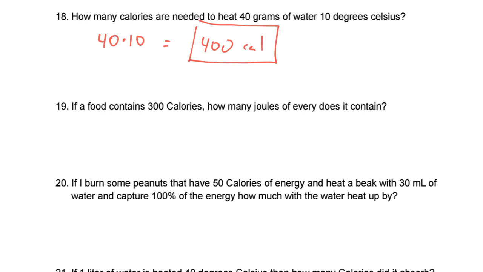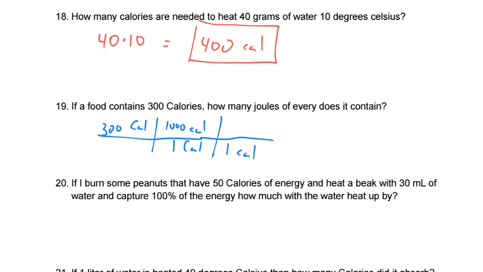All right, a food contains 300 big C calories. How many joules of energy does it contain? So here, watching out for the capitalization, we need to do a little conversion. 300 big C calories multiplied by the fact that 1,000 little c calories is 1 big C calorie. And there's another conversion we need to know: 1 calorie is equal to 4.184 joules.